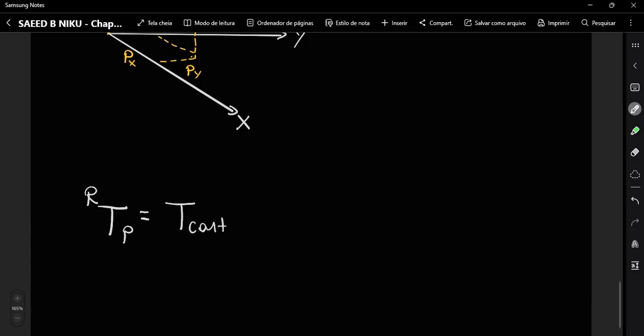So Cartesian and the components of the vector P decomposed.